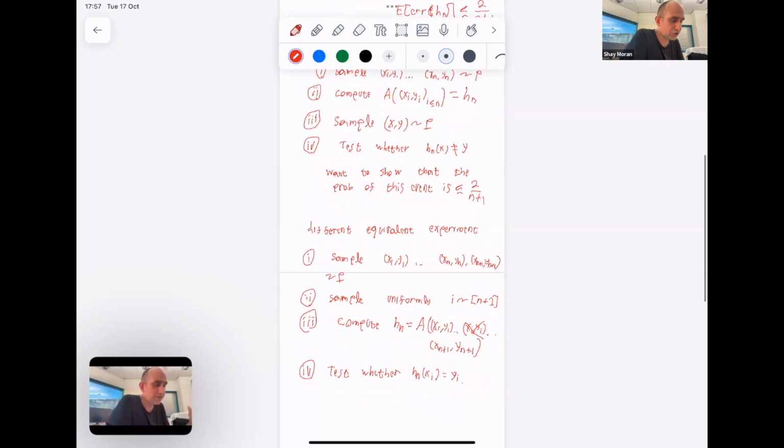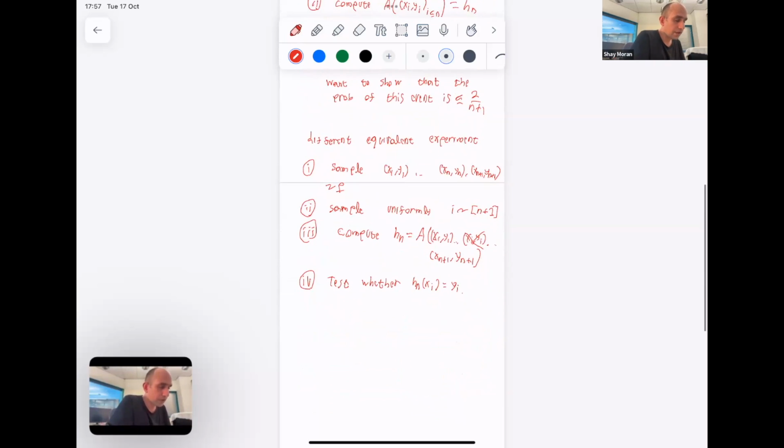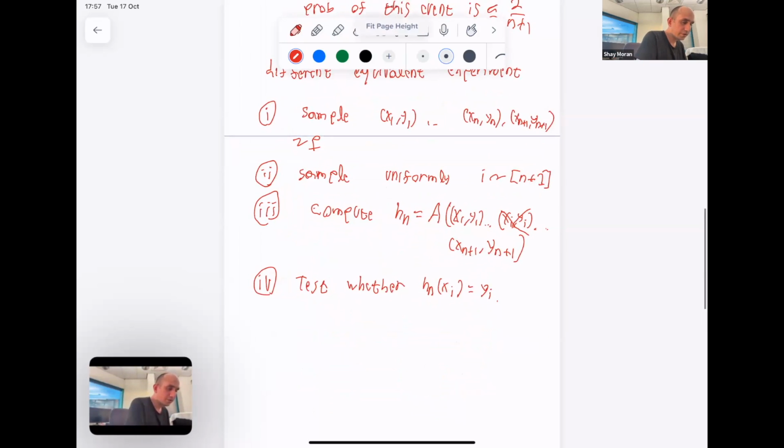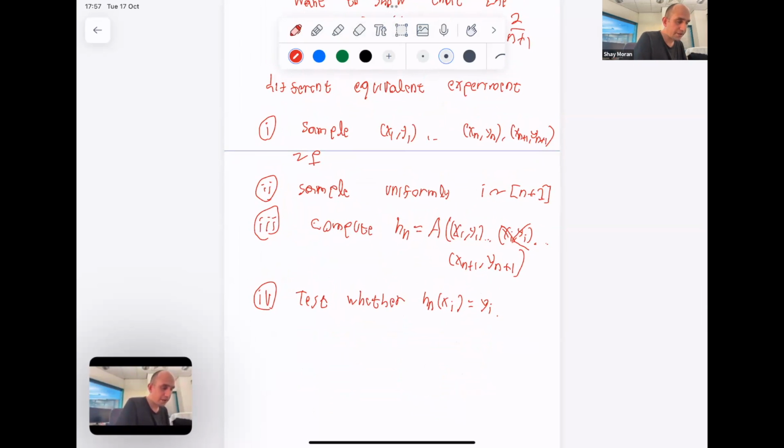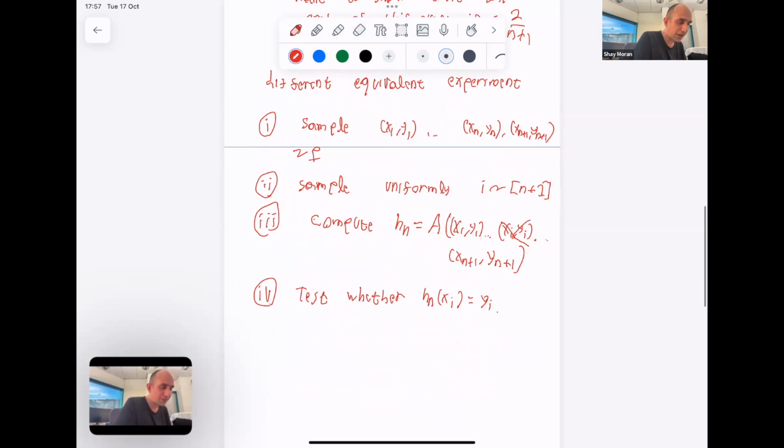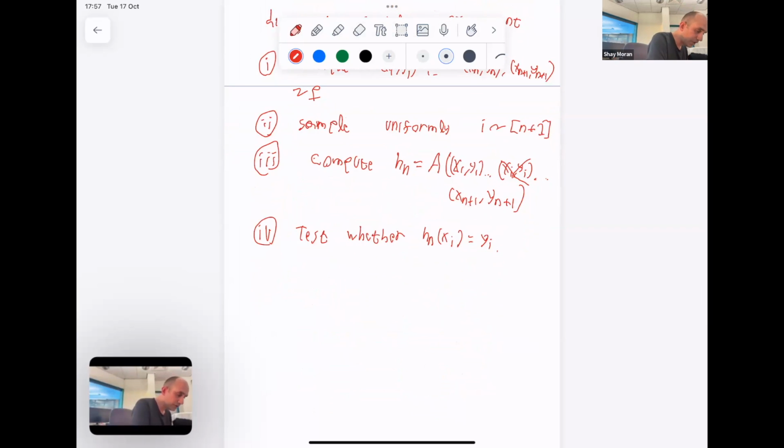But what is the advantage now? Let's pause the second experiment after item 1. So what do we have? We have now n+1 examples. Maybe this one is labeled 1, and this one maybe is also labeled 1, and so on.